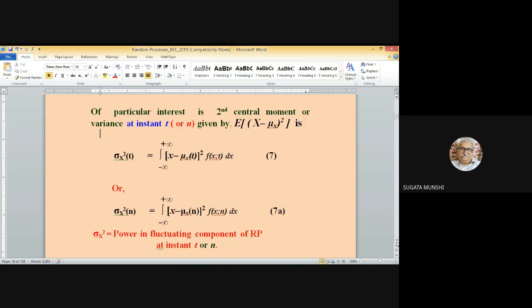Therefore, it will give you the power in the fluctuating component of the random process about its mean at instant t or n. About its mean means about its ensemble average.